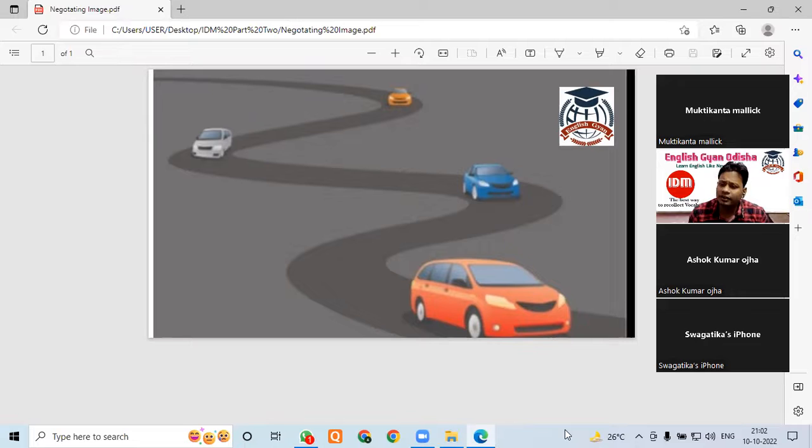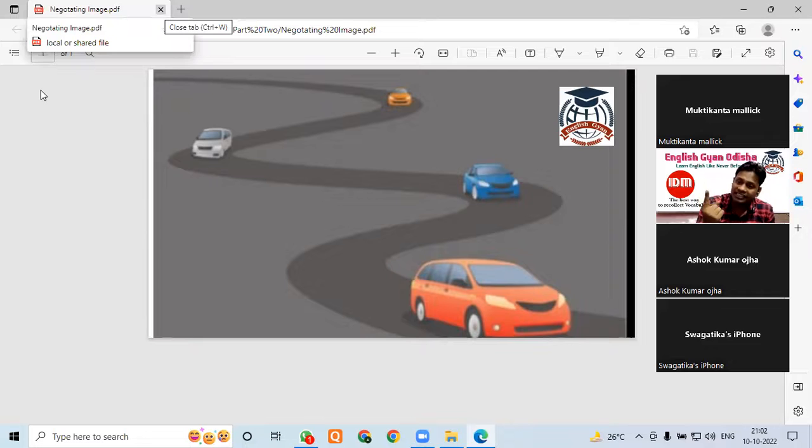What is negotiation? This is something called negotiating the curve. Suppose there are five curves you have come across. You can say today I have to negotiate five curves before reaching here.